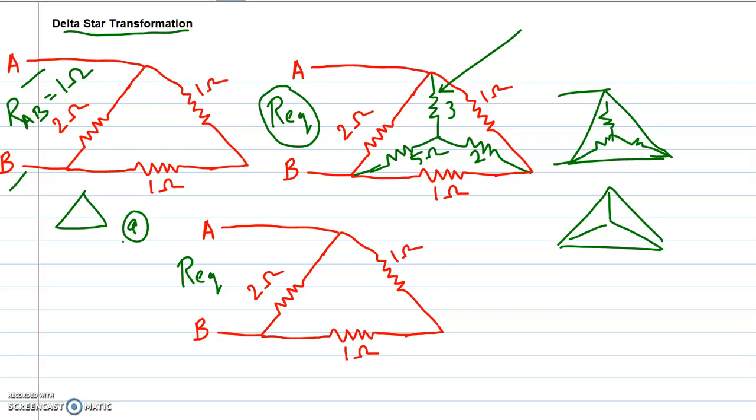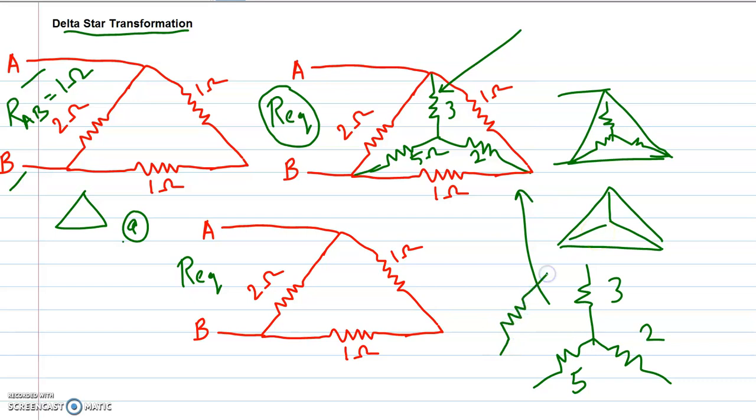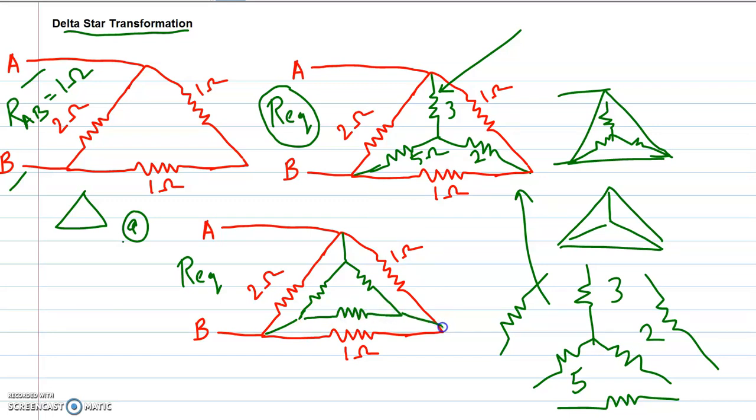Just imagine that the existing star network, 3 ohm, 2 ohm, and 5 ohm, which you see over here, can be converted to a delta format. So you'll have a delta format like this, which I will mark over here. The equivalent star network, I am converting to delta.